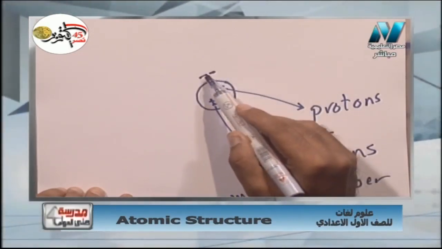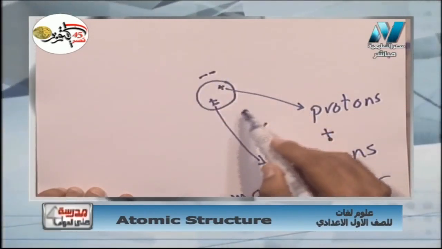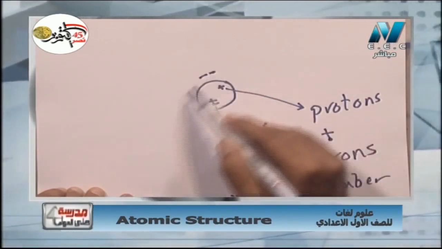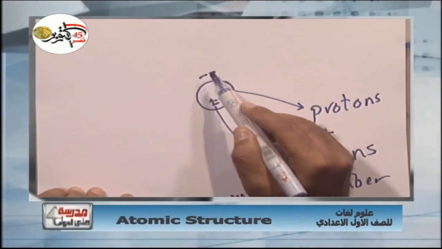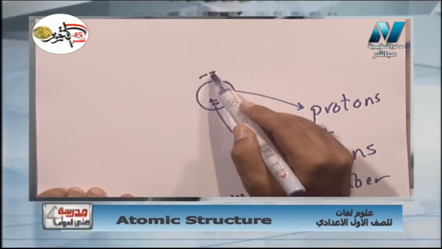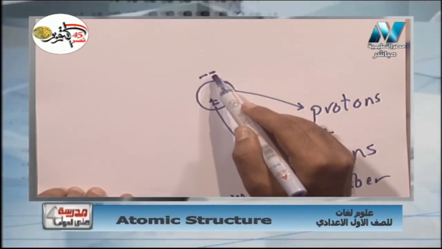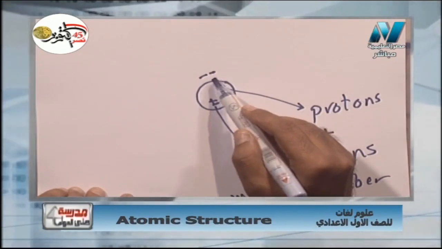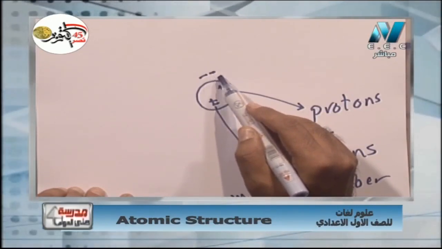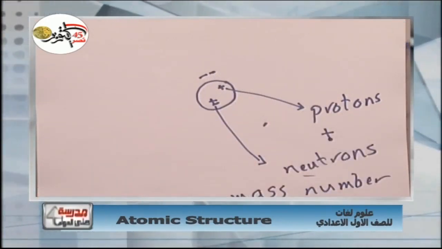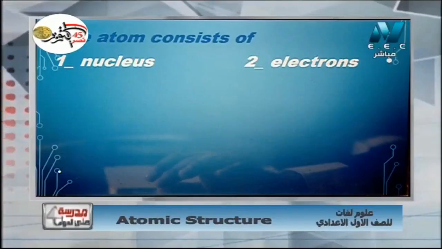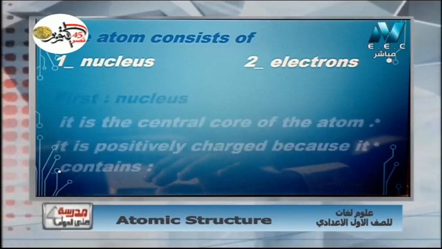There are electrons that revolve with high speed around the nucleus. These electrons have a negative charge and their mass is so small. Now let's return to the monitor. The atom consists of a nucleus and electrons.